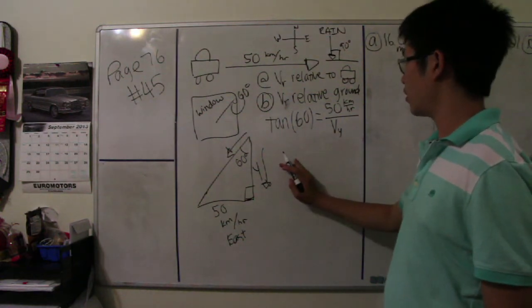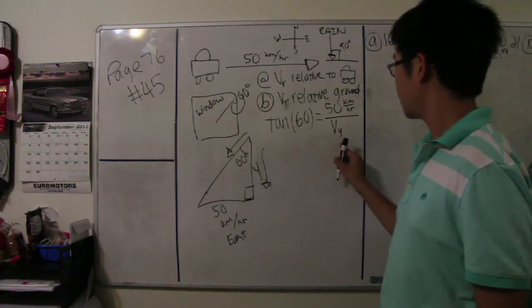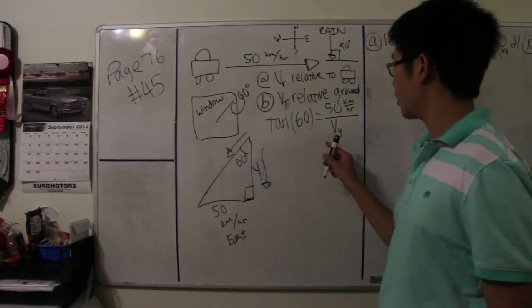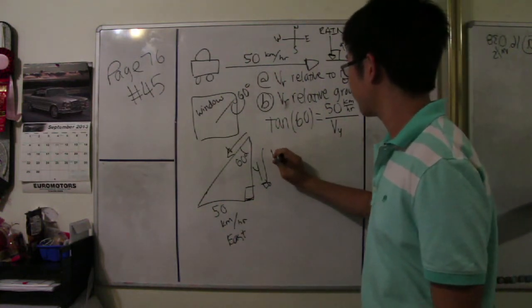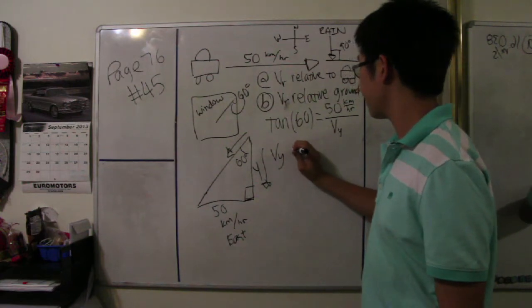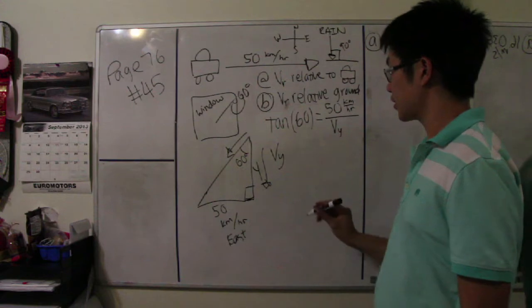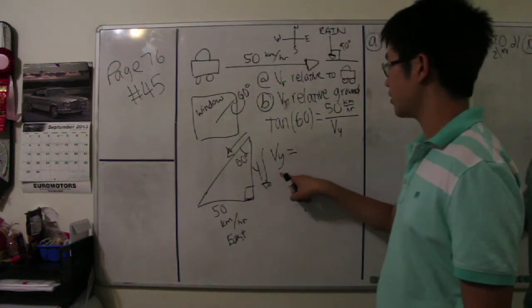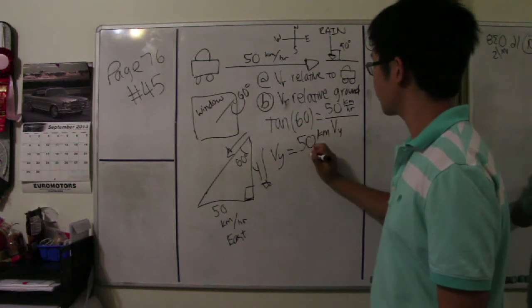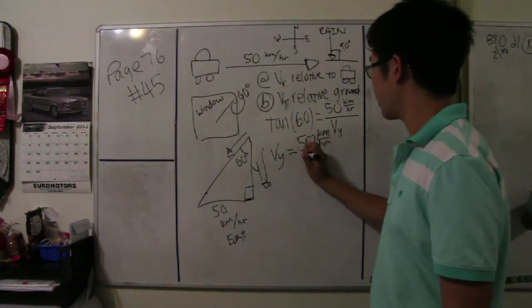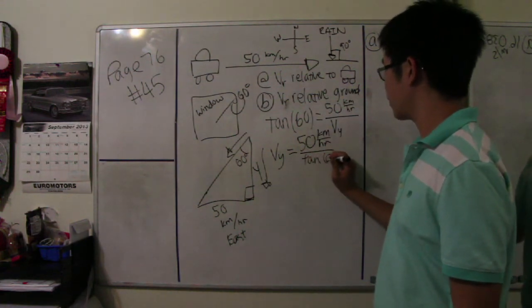So now we multiply both sides by the velocity in the y direction. We divide both sides by tangent of 60. So we have the velocity in the y direction equals 50 kilometers per hour, all of that over tangent of 60.